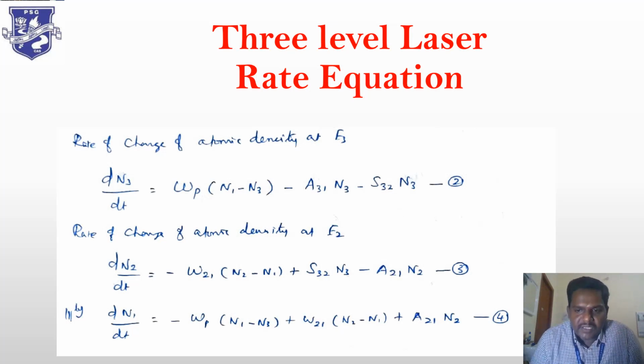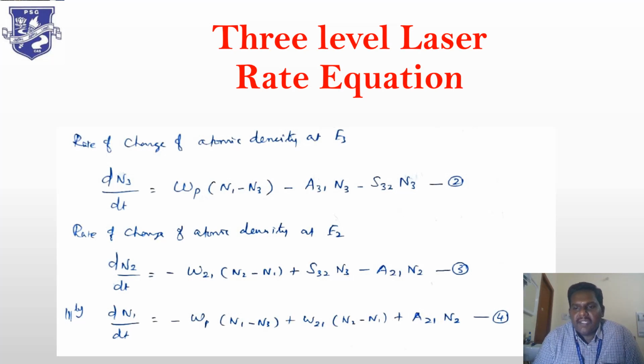Let's look at equation 2, dN3 by dt. We used to say d of something by dt is nothing but the rate of change of something with respect to time. Here dN3 by dt means the number of atoms available in the E3 state going to be increased or decreased by means of its own transitions with respect to time.